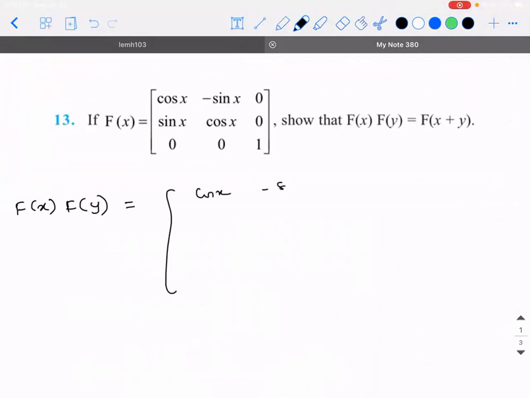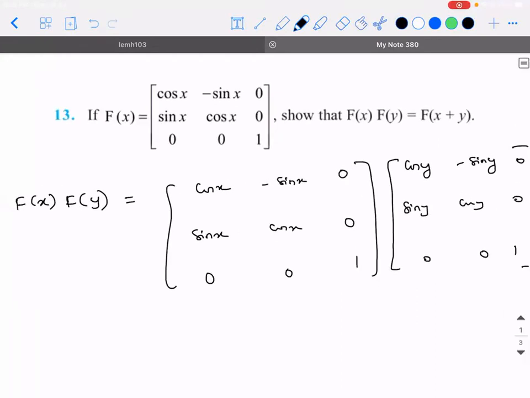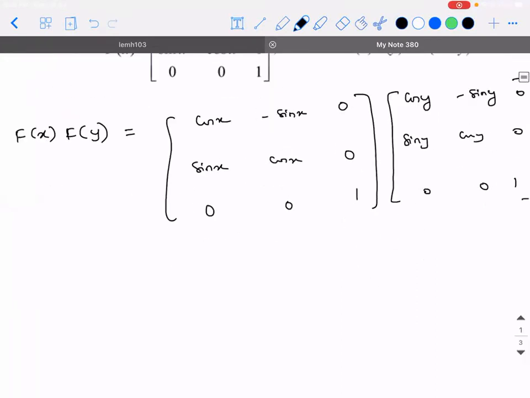So cos x minus sin x 0, sin x cos x 0, 0, 0, 1 into, tell me, cos y minus sin y 0, sin y cos y 0, 0, 0, 1. Correct? So when we multiply them, what do we get?